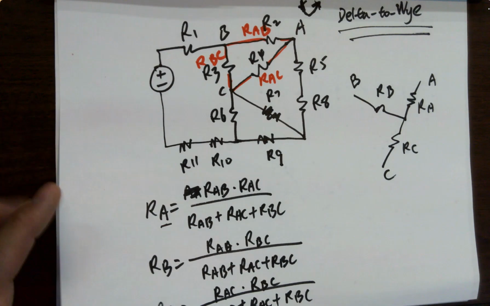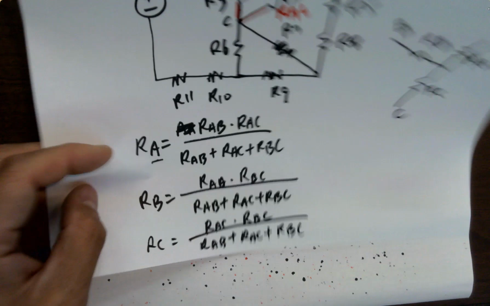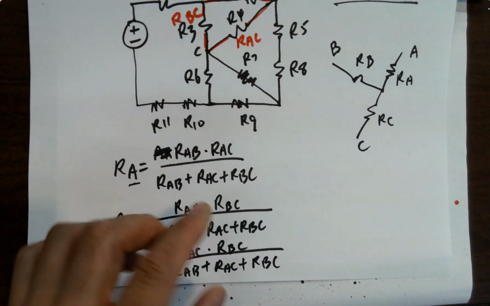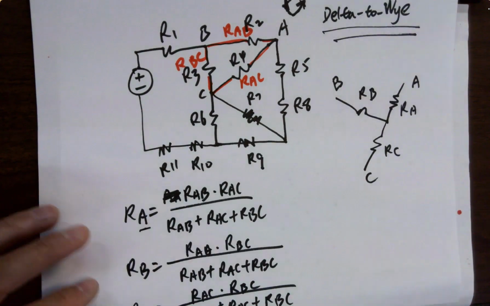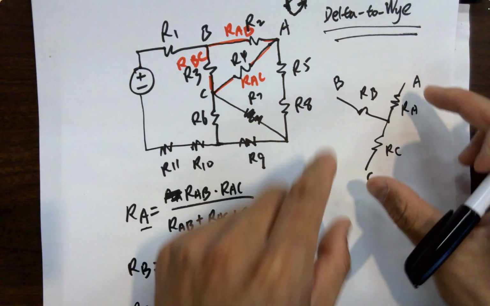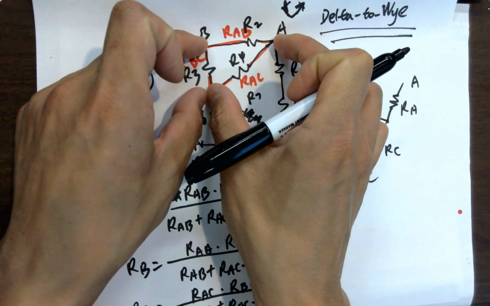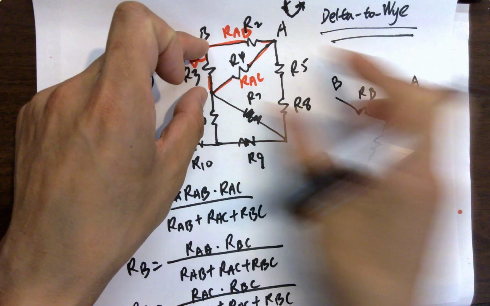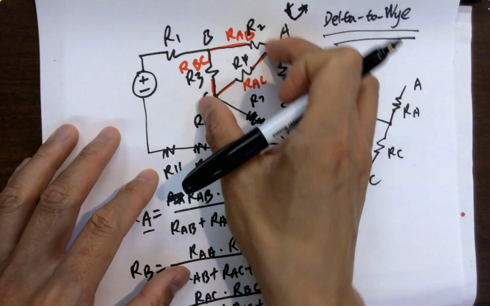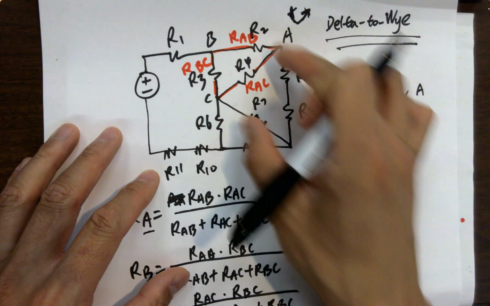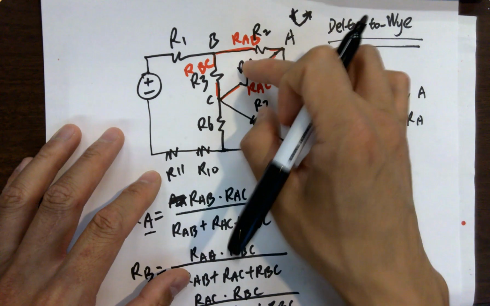I'm going to show you the converted circuit really quick. It's basically just to remove all the resistors and move the 3 terminals here into the 3 terminals here. Just connect A to A, B to B, C to C, and remove all the 3 resistors.